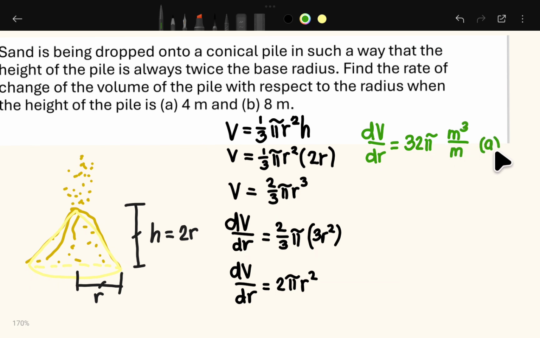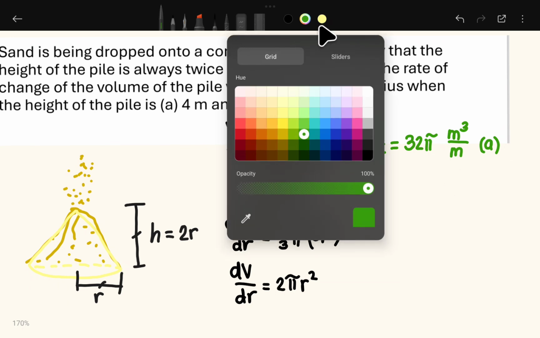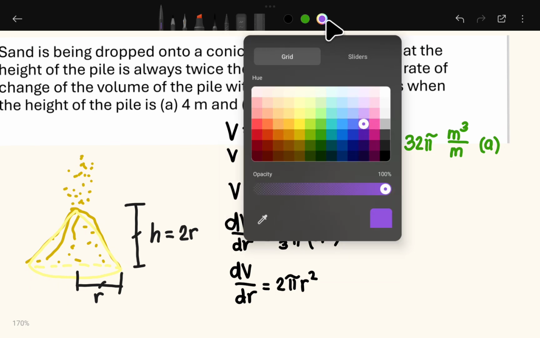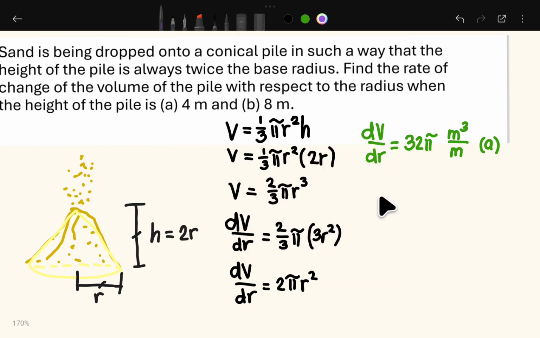This is letter A. This time, let's have when the radius, sorry, I have it wrong. Apologies. Going back. So the height of the pile is 4. Okay, we have to express.